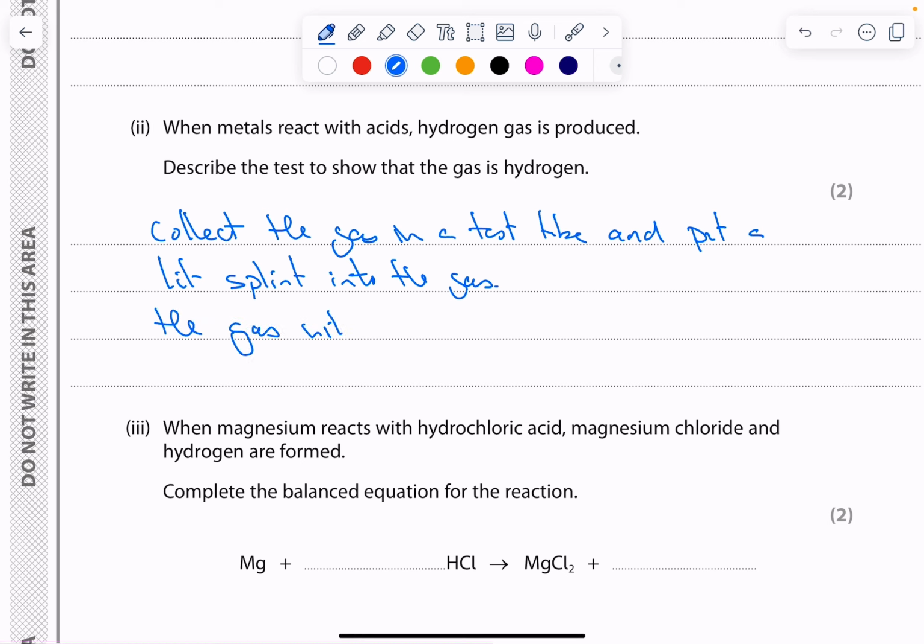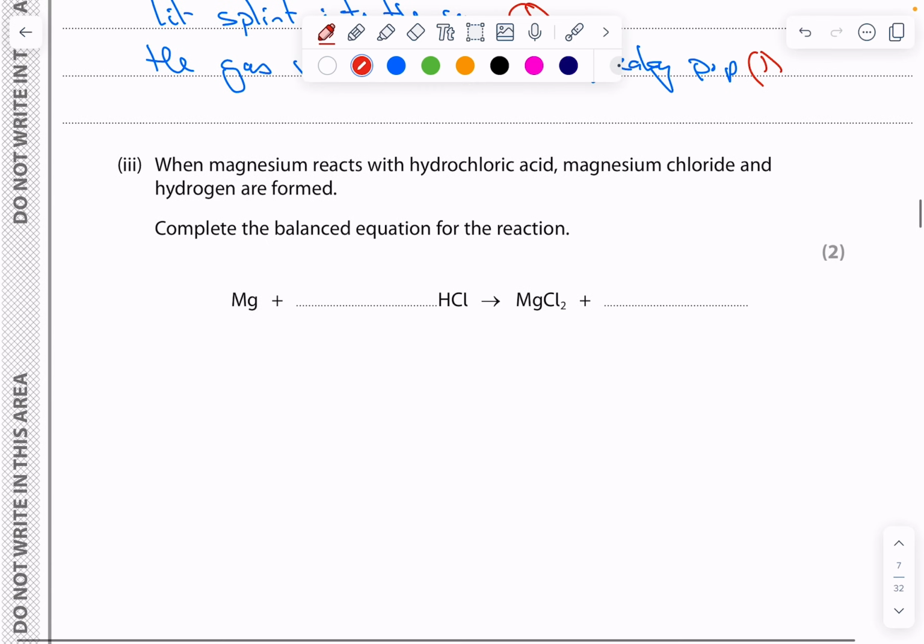Then we say the gas will burn with a squeaky pop. Now there's two marks, so we get a mark there and a mark in there. Please note we cannot just do the pop test. We get 0 marks for that if we do that.